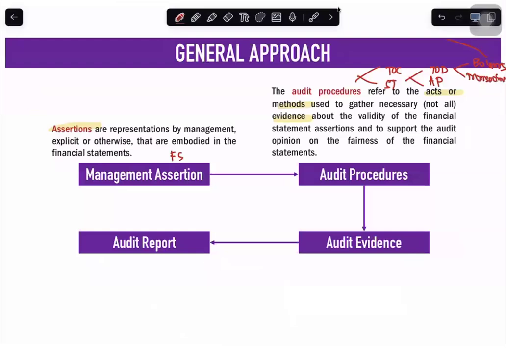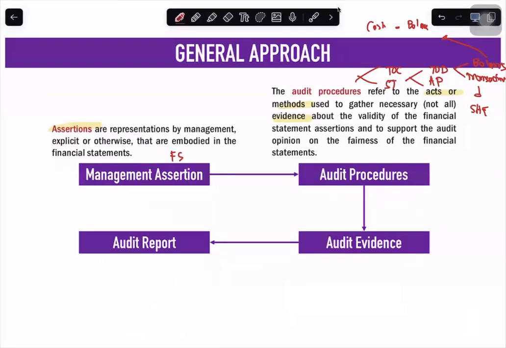So we test the details of balances if ever there are numerous transactions or voluminous transactions in a particular item. So for example, cash, you better test the balance itself, rather than test all the transactions. But let's say you are testing shareholders' equity. Then you test the details of transactions because you have fewer transactions in shareholders' equity.